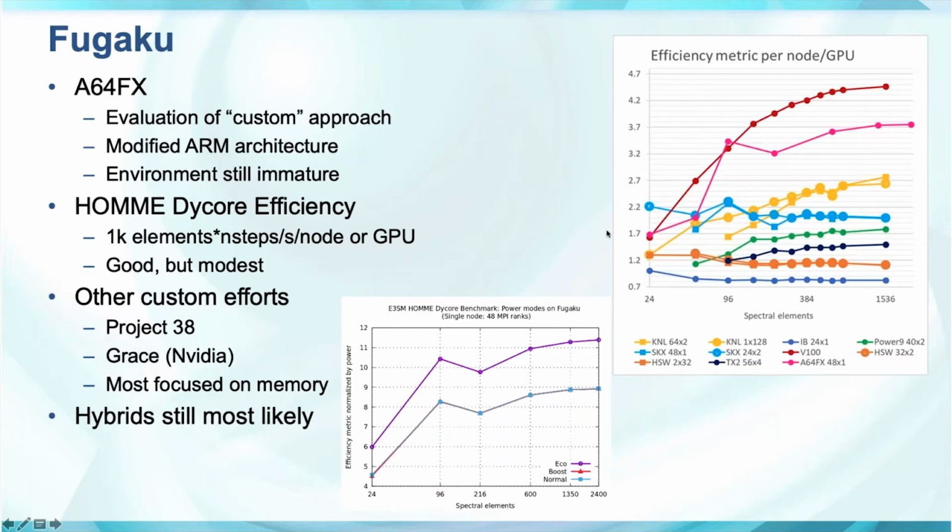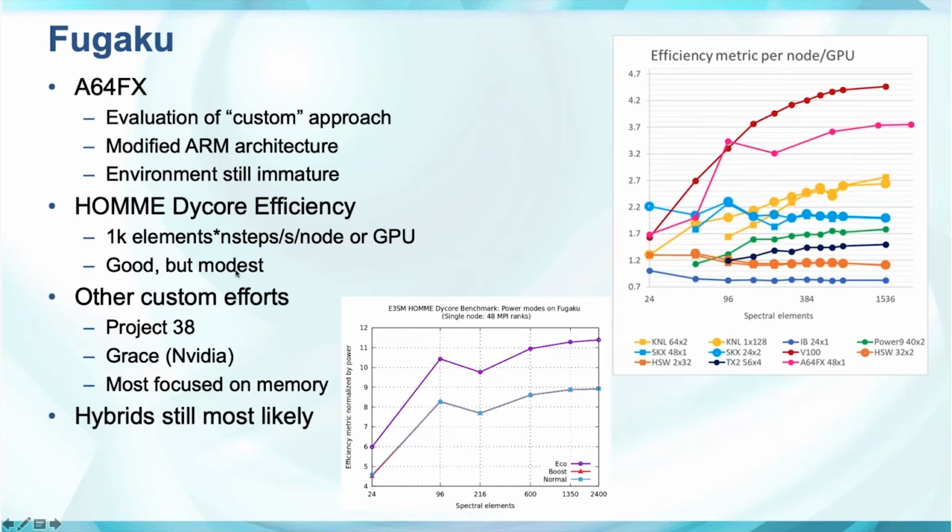So we've run the HOMME dycore and performed some benchmarks here. Those results you can see on the right here. I guess the bottom line is it's behaving a little similar to a GPU in the sense that it does perform well when there are higher workloads. But the performance, particularly on our benchmarks, isn't outstanding.